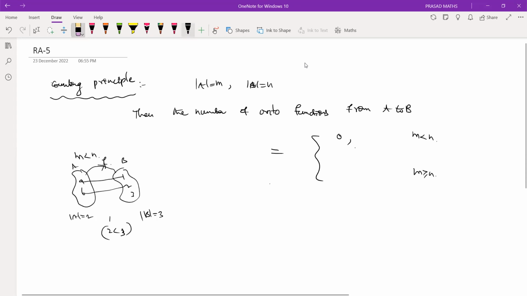Total functions minus the summation, R equals 1 to N, of NCR times (N minus R) whole power M, times (minus 1) whole power R. You need to first write (minus 1) whole power R. So this is the formula for the number of onto functions for finite sets only. This is not applicable for infinite sets.